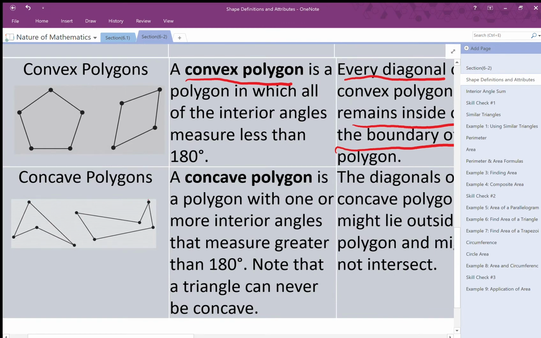So again, consecutive vertices give us a side, and this is consecutive, that's another side, but the non-consecutive, if I attach them, this is a diagonal. And we see that in a concave polygon, the diagonal can pass through the outer region of the polygon, whereas in a convex polygon, the diagonals will always remain on the inside region of the polygon.